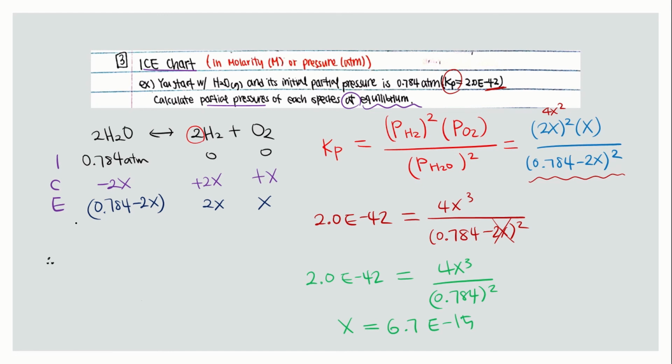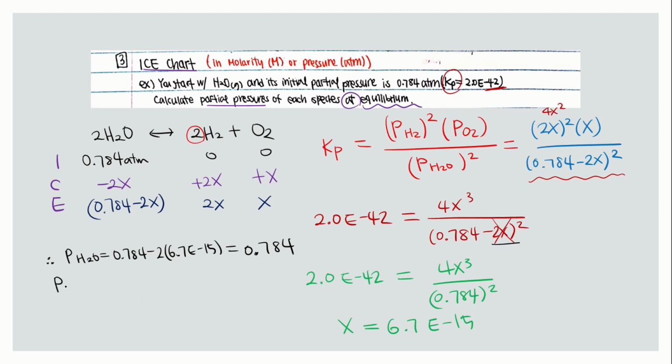So therefore, the partial pressure of water will be 0.784 minus 2 times x, which equals 0.784. And you see that the value did not change because the x value was very small, so it was negligible. So you now see that it was fair for us to simply ignore this x value in the denominator.